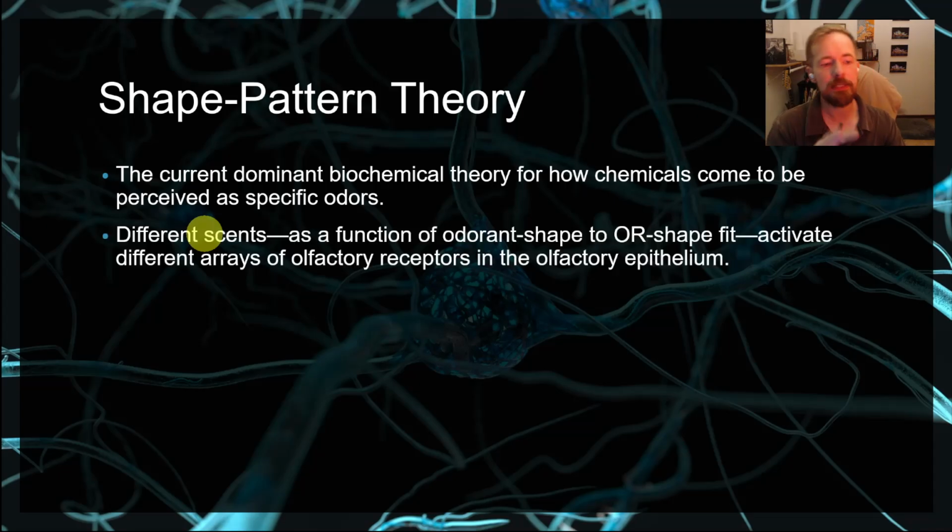So the theory behind shape pattern theory, or the mechanism behind it, is that in order for you to perceive different scents, those odorants have a very particular kind of structure. So let's say that I have a smell for a brownie and it's shaped like that.